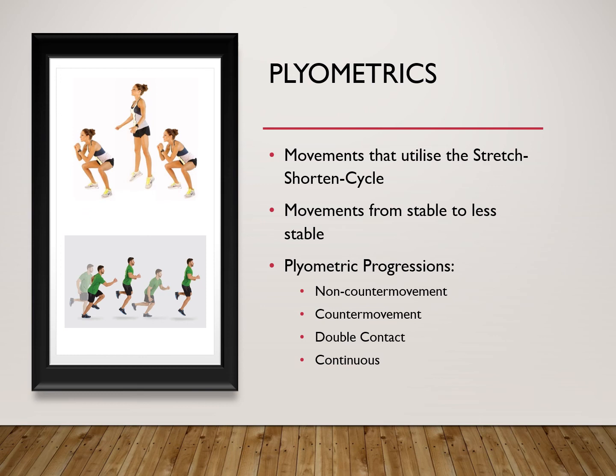And the plyometric progression might go from maybe a non-counter movement to a counter movement, jump or bound, then going into, rather than single contacts, going into double contacts, and then into multiple contacts, again trying to replicate this cyclical nature that we would get in running, for example, and getting used to engaging that stretch shorten cycle on multiple occasions again and again. So it's just one way that we can progress plyometric work.